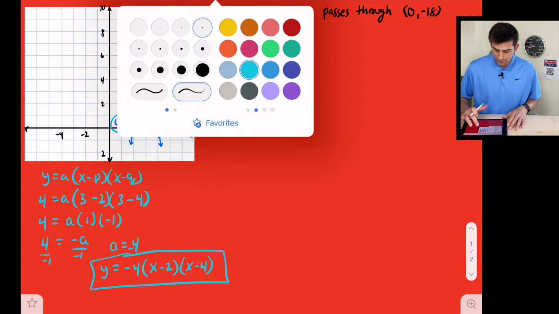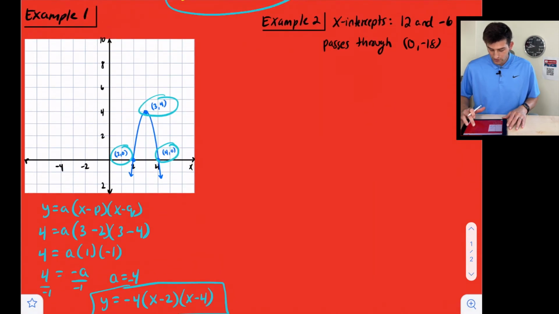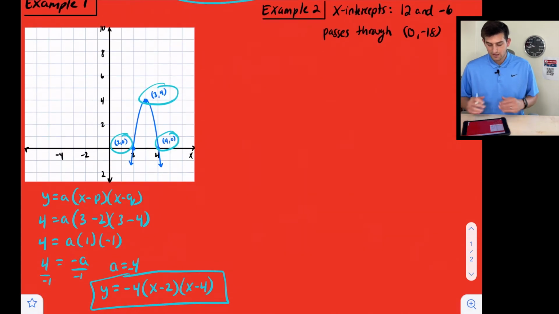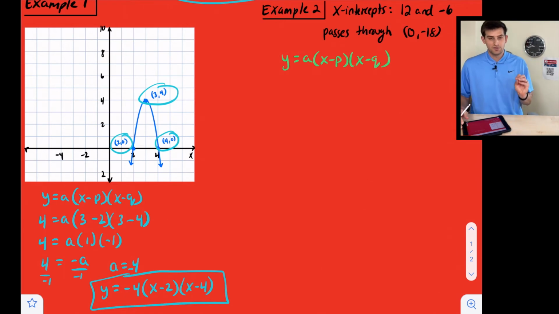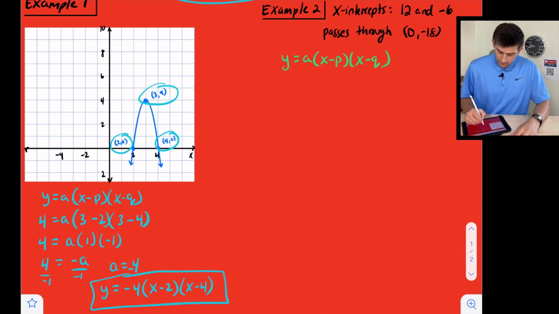Okay, now let's look at our next example where we just have some written information. It says we have x-intercepts at 12 and negative 6, and we have the fact that our parabola passes through the point (0, negative 18). So let's go ahead and write our intercept form, y equals a times x minus p times x minus q. And let's go ahead on this one and substitute our x-intercepts in first.